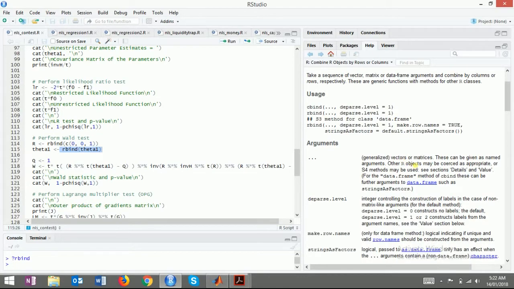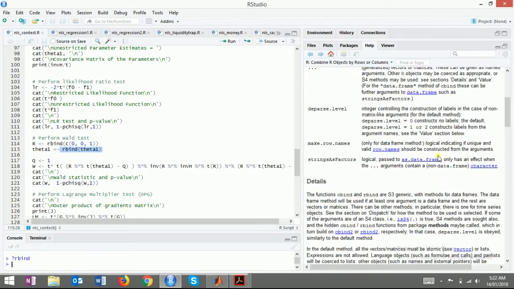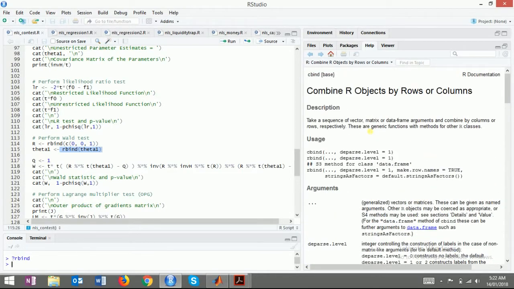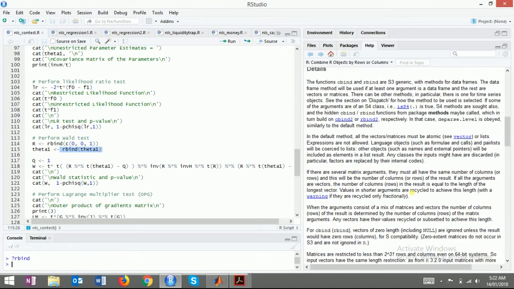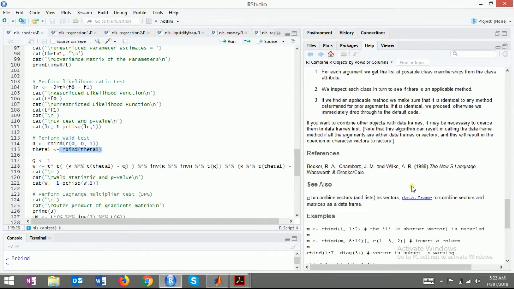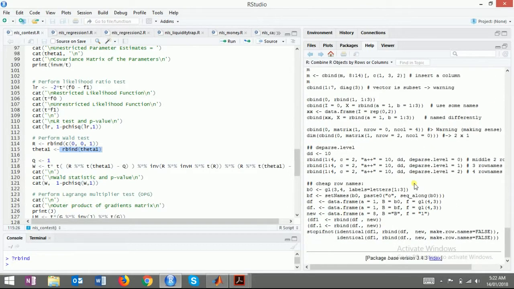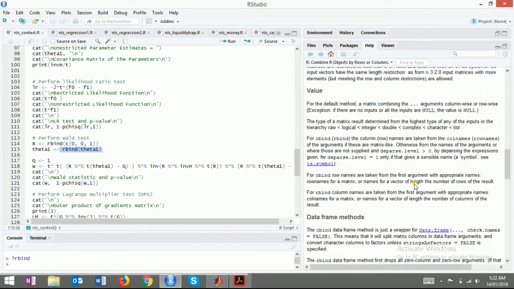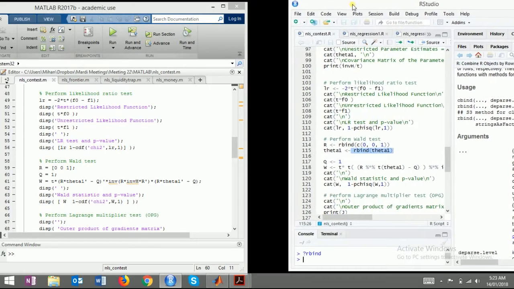C bind is by columns, row bind is obviously by rows, and column bind is obviously by columns. So basically by rows and by columns, nothing to be confused about here.